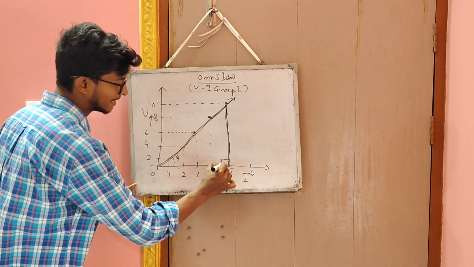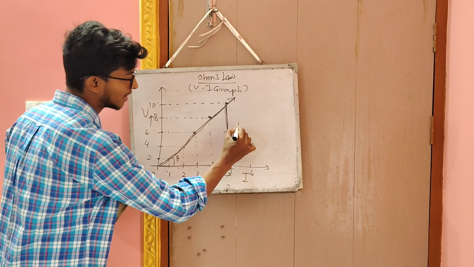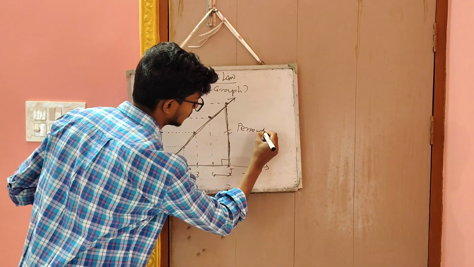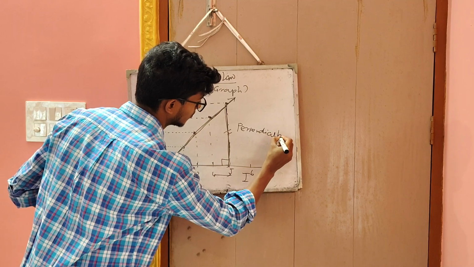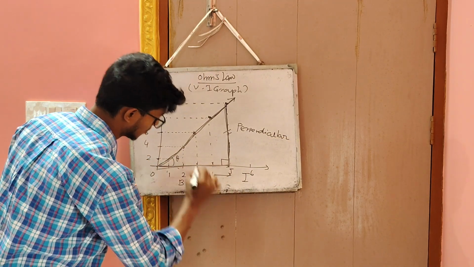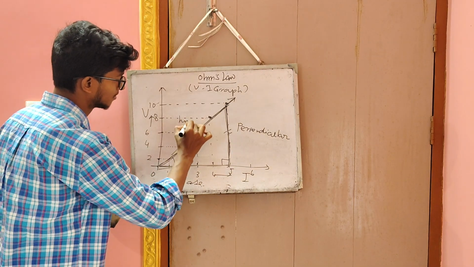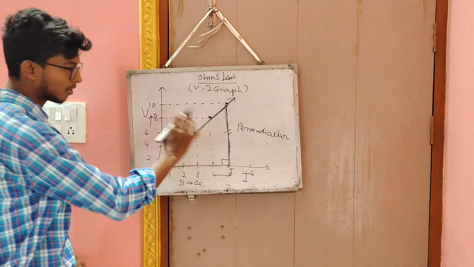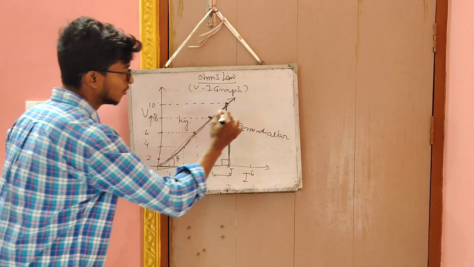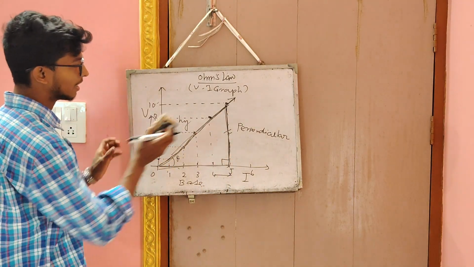Okay. This angle is 90 degree. So it is the perpendicular, and it is the base, and it is the hypotenuse. Okay. From this triangle we get the resistance.